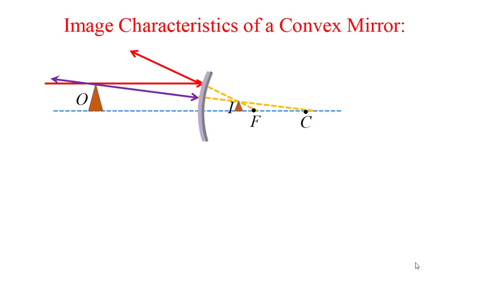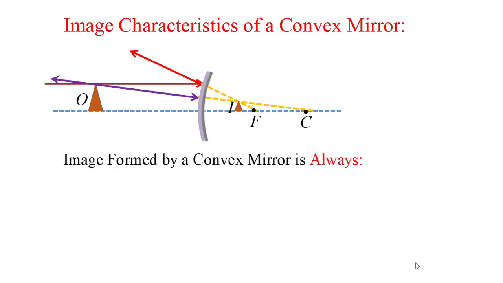And as you can clearly observe, the image formed by a convex mirror is always, irrespective of where you put your object, virtual, erect, and diminished. So this is the image characteristic of a convex mirror.